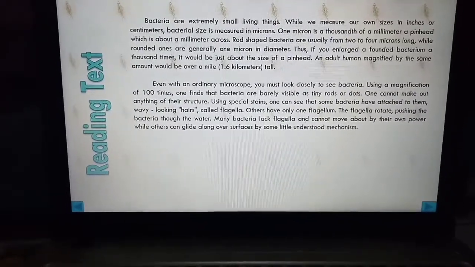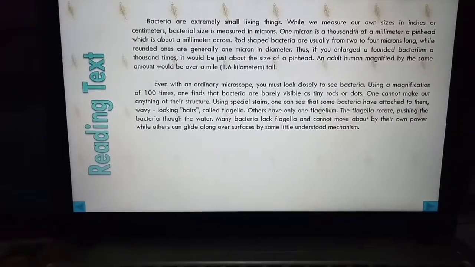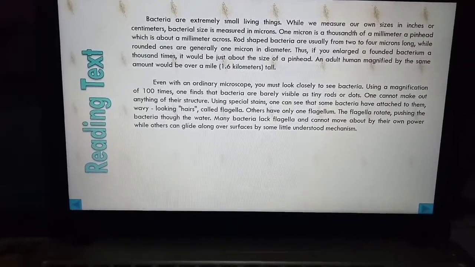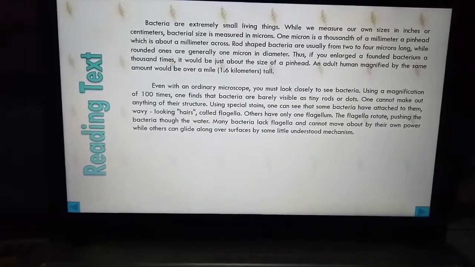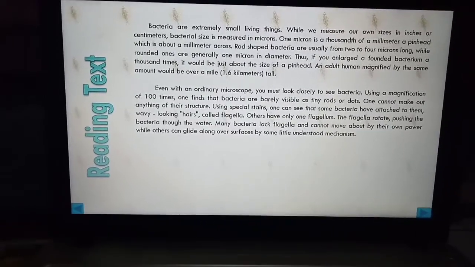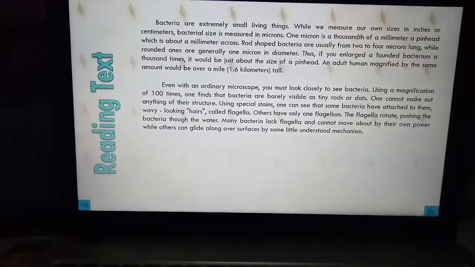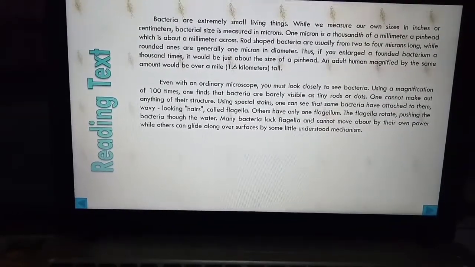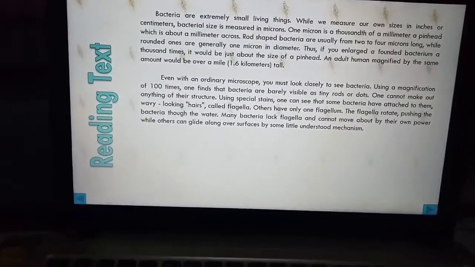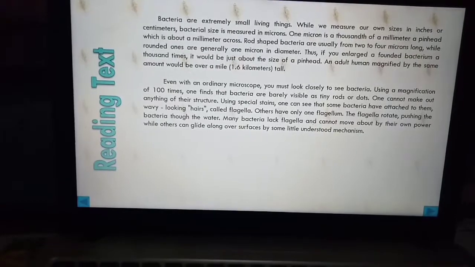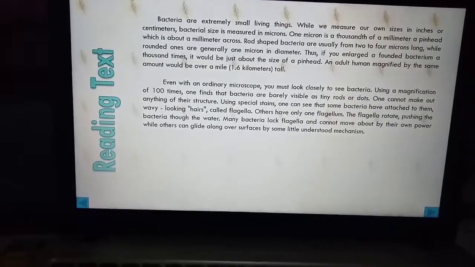Even with an ordinary microscope, you must look closely to see bacteria. Using a magnification of 100 times, one finds that bacteria are barely visible as tiny rods or dots. One cannot make out anything of their structure.